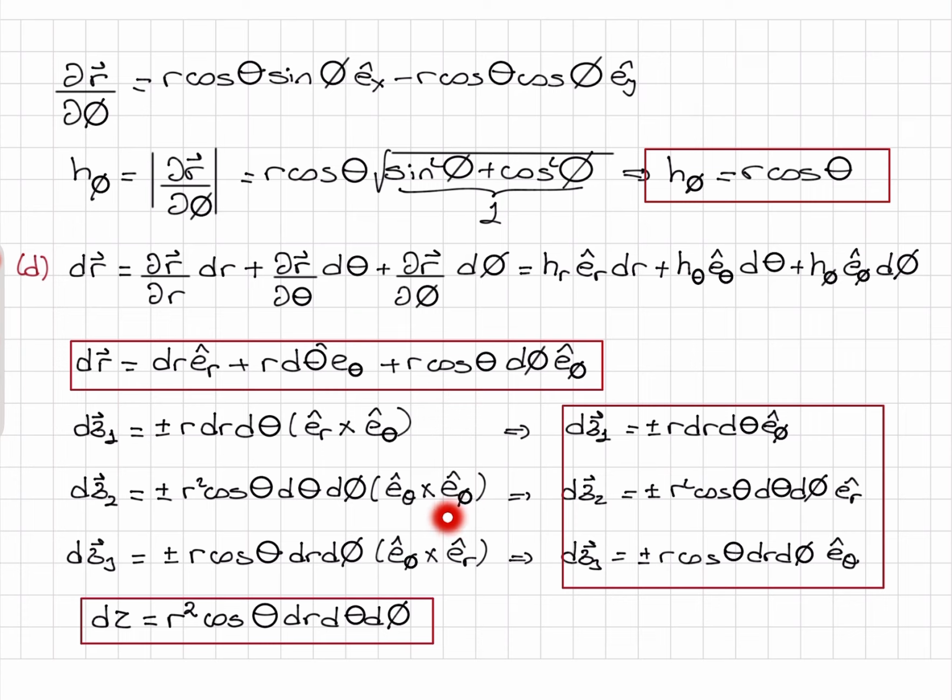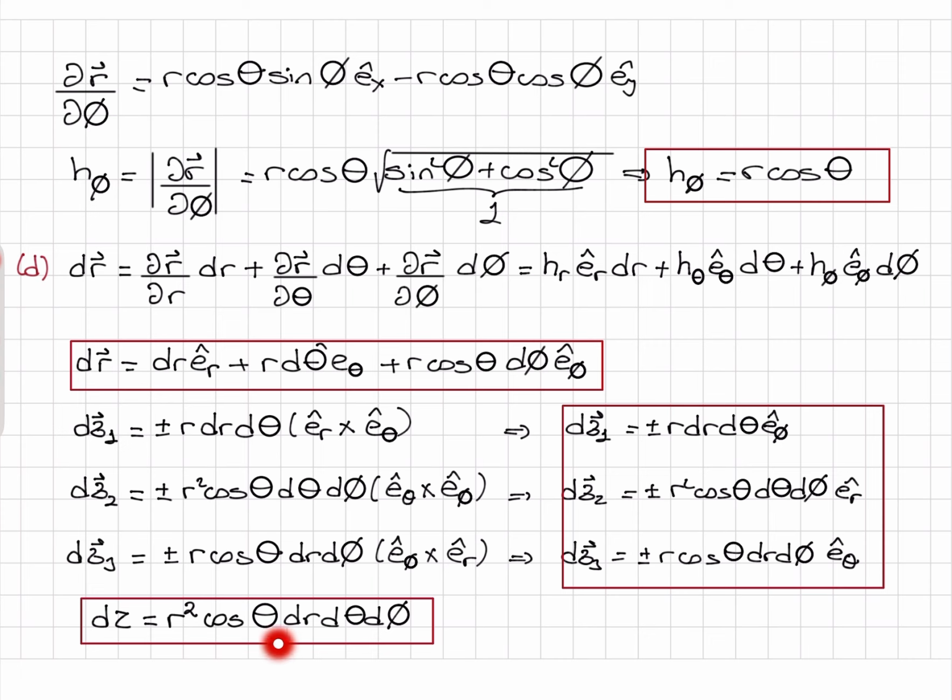For theta hat and phi hat, h theta and h phi, d theta d phi, and for e phi hat and er hat, we have to consider h phi and hr. h phi was r cosine theta, remember hr is 1 and h theta is r. So substituting this and noting that this was shown to be a right-handed coordinate system, we can write er hat cross e theta hat is e phi hat, and then similarly for the others.